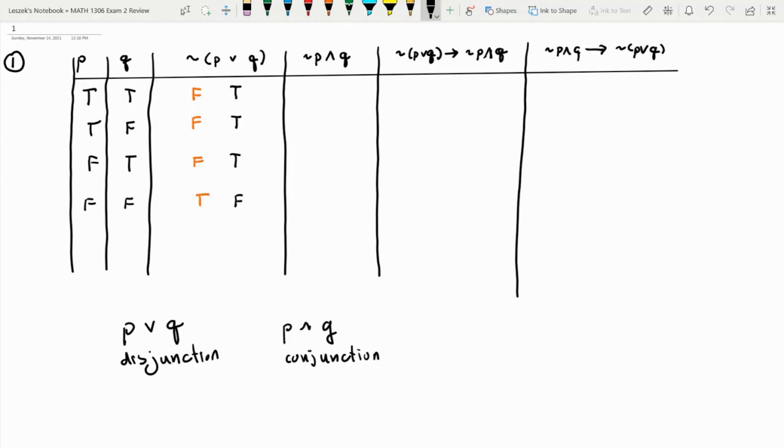So here we have, well, let's negate P. So not P, and then we have Q. So then the conjunction is going to be true only when both propositions are true, false otherwise.